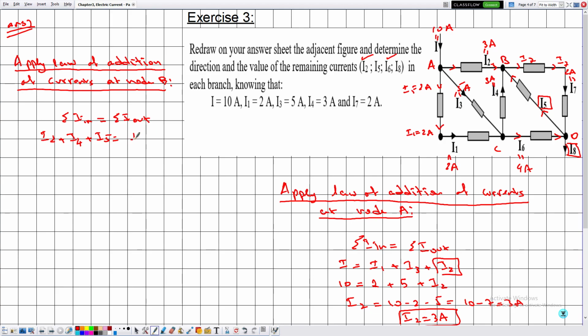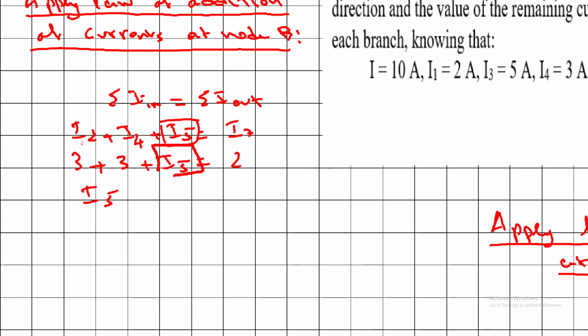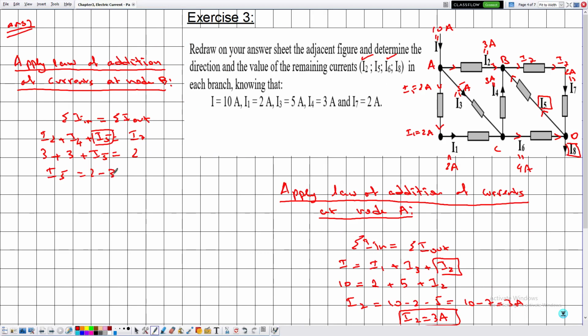So this is equal to I7, knowing that we are interested only in determining I5. The value of I2 is given by 3, the value of I4 is given by 3, plus I5, which is equal to I7, which is equal to 2. So I5, what's the type of this equation? Linear equation, the unknown is I5, which is equal to 2 minus 3 minus 3, which is equal to 2 minus 6, which is equal to minus 4 amperes.